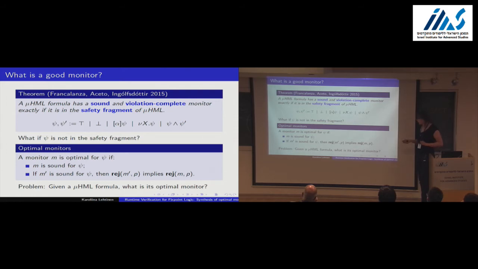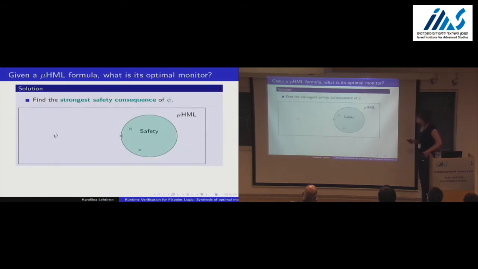And we can ask, well, how do we find that monitor? Now, it turns out that this problem of finding the optimal monitor reduces to a fairly easy to describe logical problem. So we have our whole logic. We know that some fragment of it has perfect monitors. Now I have a formula outside of this fragment, and I'd like to find the best monitor for it.